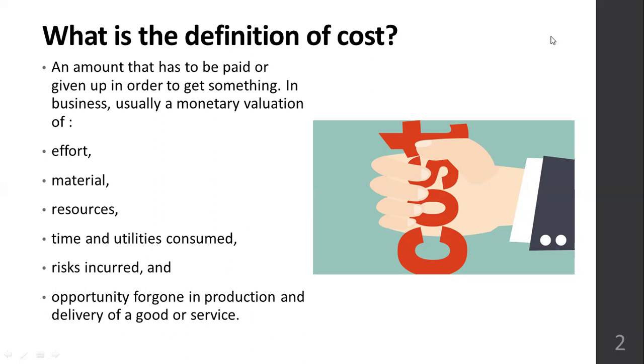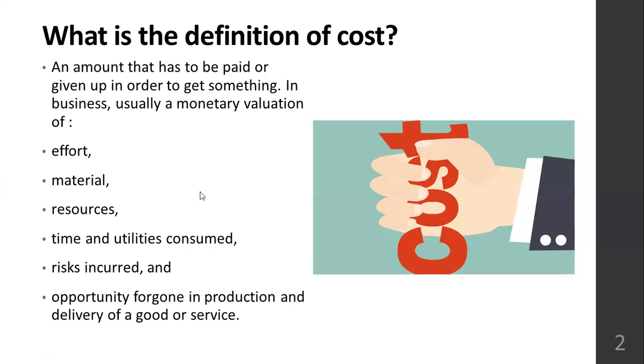The cost of effort, materials, resources, time is also a cost, utilities used, risk that you have taken, risk is also a cost, opportunity that you let go in the process of selection. So opportunity that you have let go in production or delivery of good or service, that is also a cost.